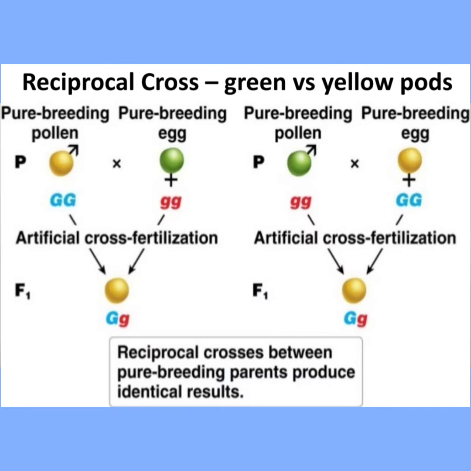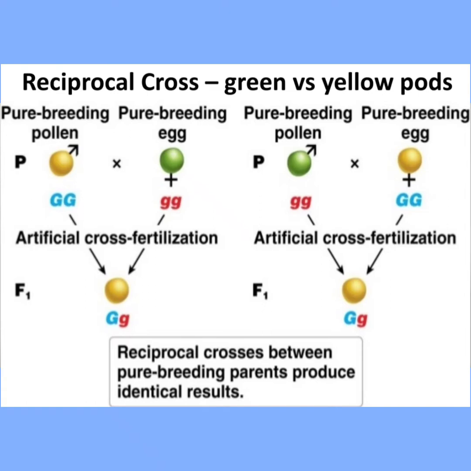Here you can see the reciprocal cross between green versus yellow pods. On the left side, the dominant character is green, G, and the recessive character is small g. The dominant character is taken as the male and the recessive character is taken as the female. By artificial cross fertilization, we get the phenotype, which is green, and the genotype is capital G and small g.